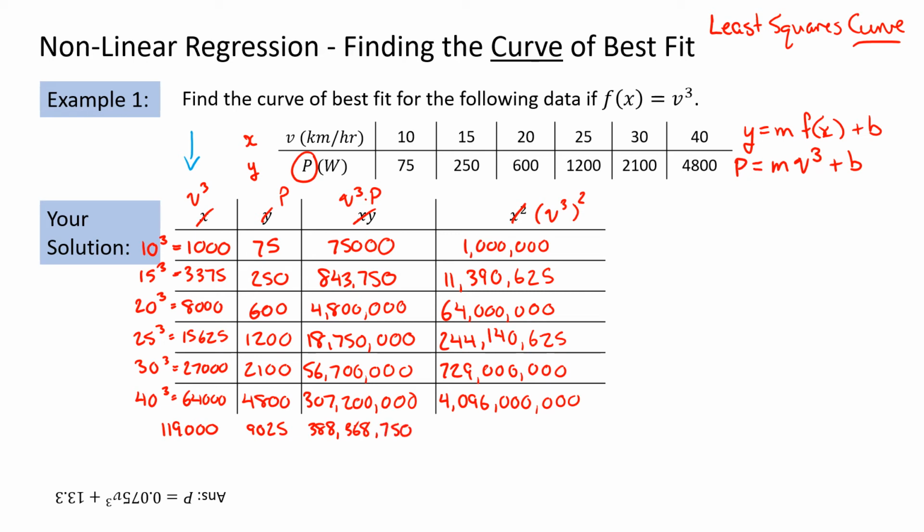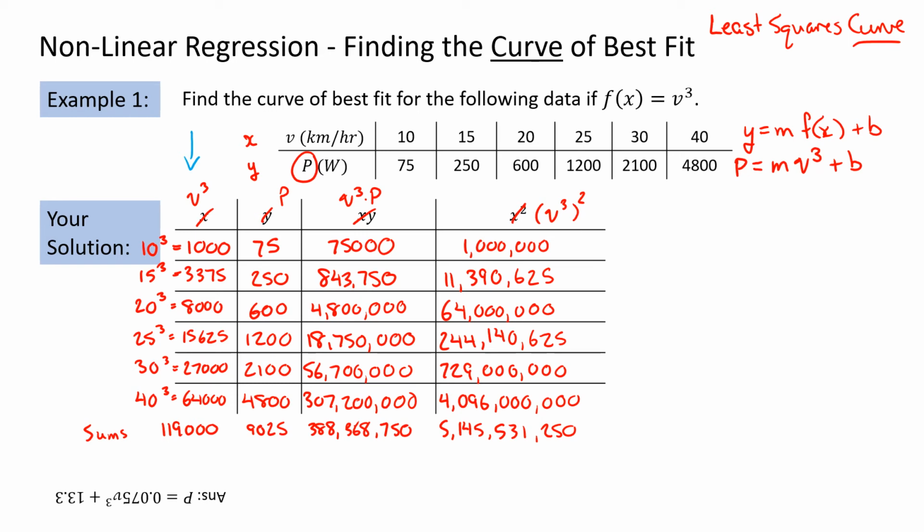And for our final column, we get 5,145,531,250. Okay, so we'll write sum here. So just massive numbers. Okay, so with that, we now have to find our slope and our y-intercept.